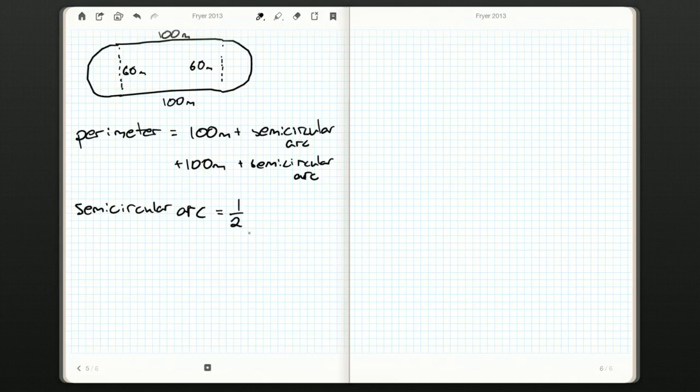So 1/2 the circumference of a circle, well, that's pi times the diameter. Well, hey, we know what the diameter is. It's 60 meters. Silly me. So we're going to get 30 pi meters.